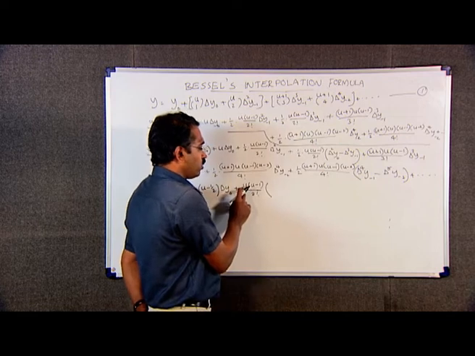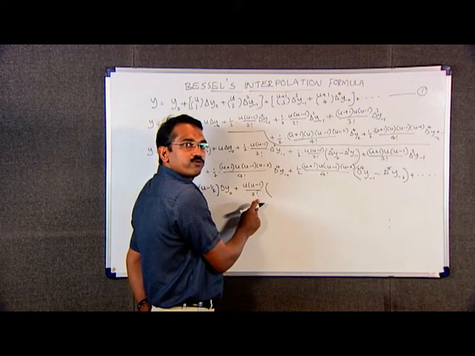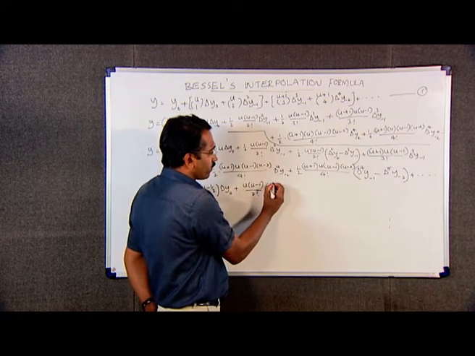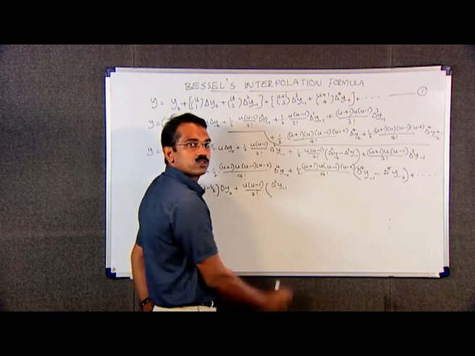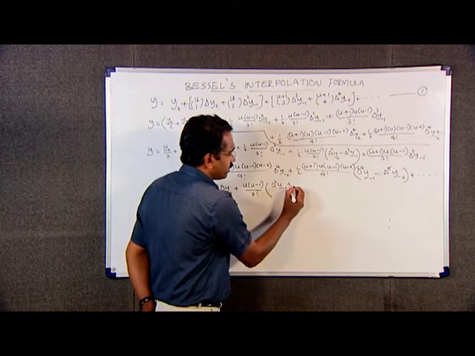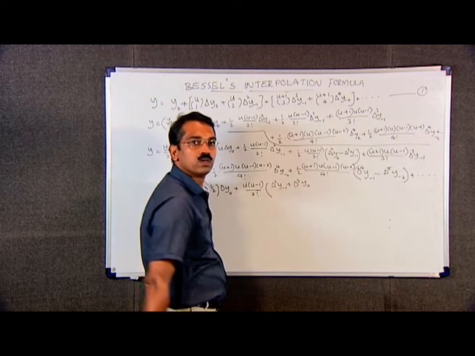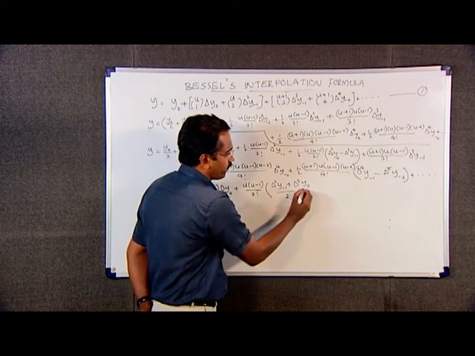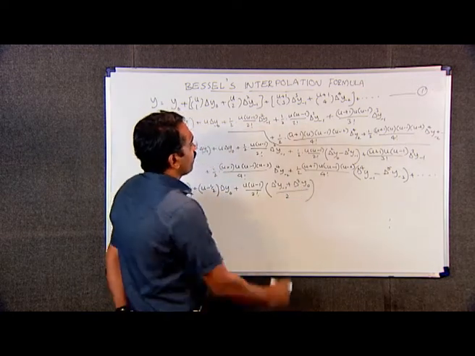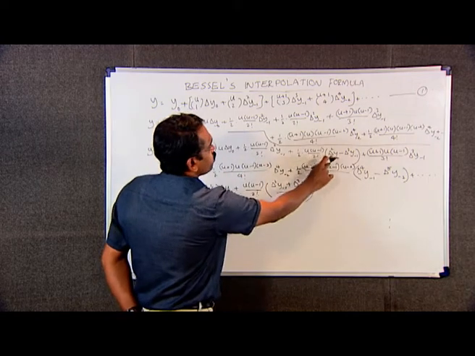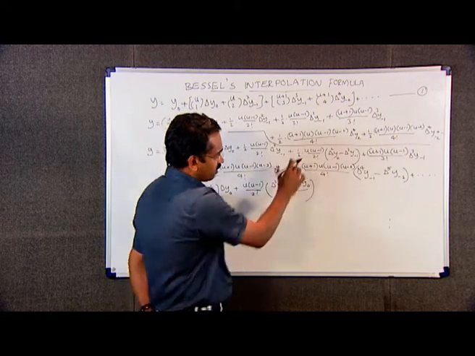Therefore, u into u minus 1 divided by 2 factorial into delta square y minus 1 plus delta square y naught all divided by 2. We combined these two terms.